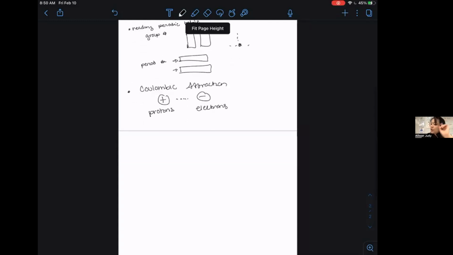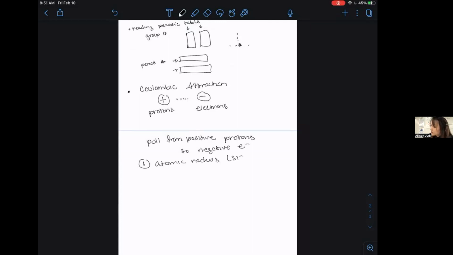The idea behind Coulombic attraction is that there is a pull from the positive protons to the negative electrons. And that pull connects to a couple of things. It tells us why we see certain atomic radii, the size of atoms.